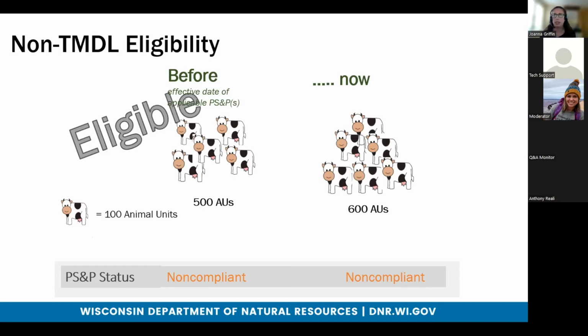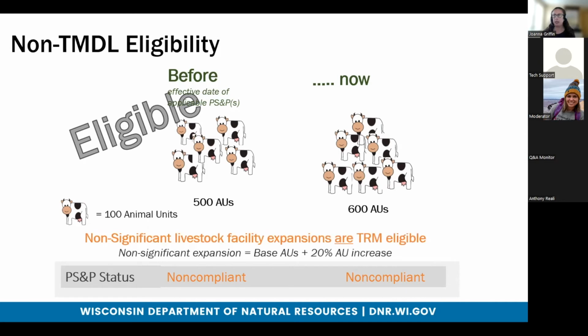This project is eligible. It was in existence and has been continuously non-compliant. How can it be eligible when the number of animal units has increased from 500 to 600? The reason is that the magnitude of the expansion is not significant, which is defined by NR 153.15.